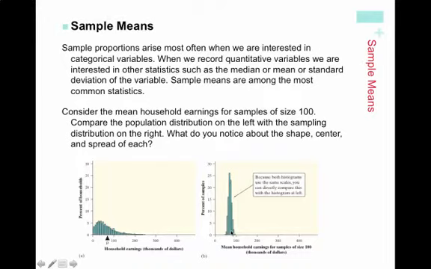However, our sampling distribution, the shape appears to be fairly normal. The spread of the population compared to the spread of our sample is significantly larger. Our sampling distribution has a much smaller spread than does our population distribution on the left.